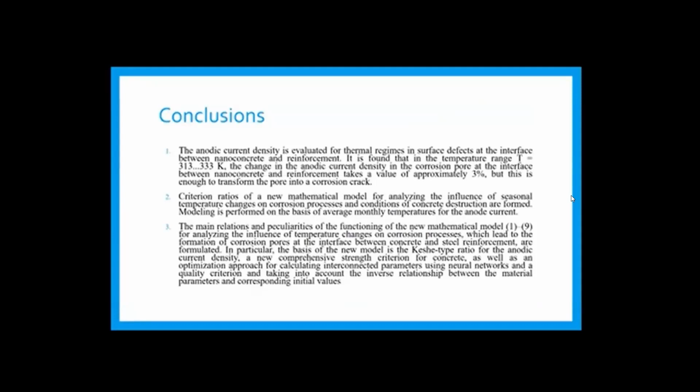And some conclusions here. The first one is that we have some changes in the anodic current density in the corrosion pore at the interface between nano-concrete and reinforcement that take a value of approximately 3 percent, but it's enough to transform the pore into a corrosion crack.